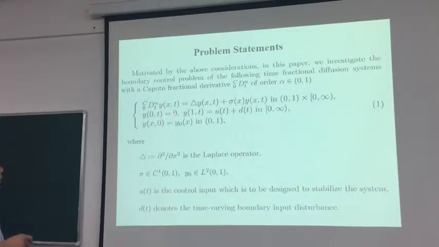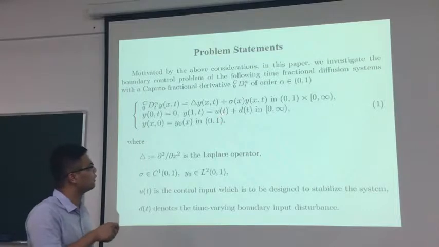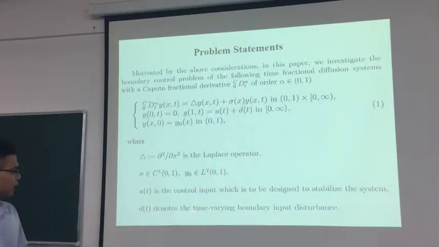The left boundary is 0, and at the right one, U denotes the control input, and D denotes the time varying boundary input disturbance, and this part is the initial condition. Next we will try to design a filter to estimate the input disturbance.